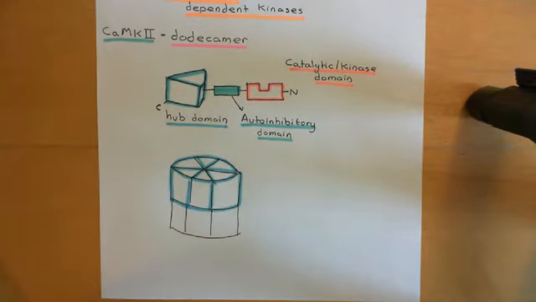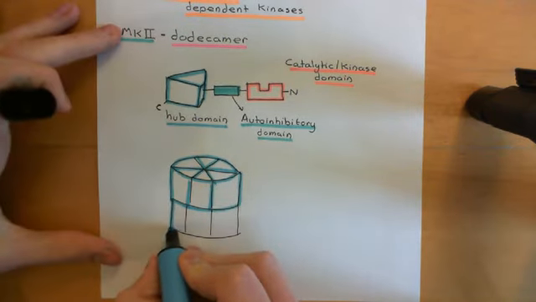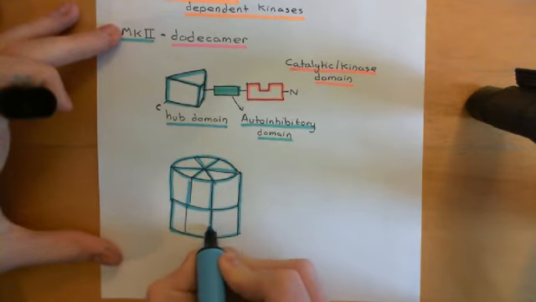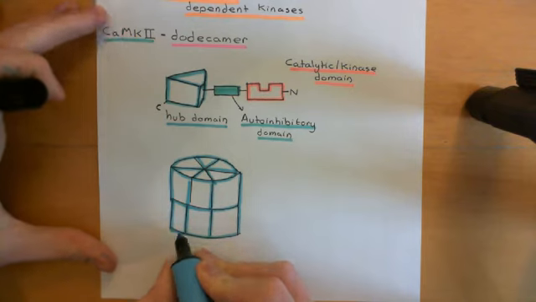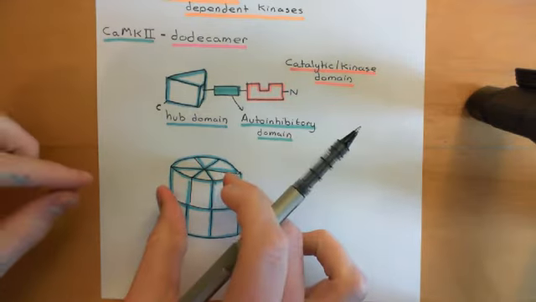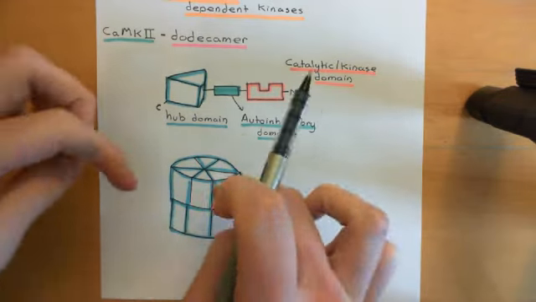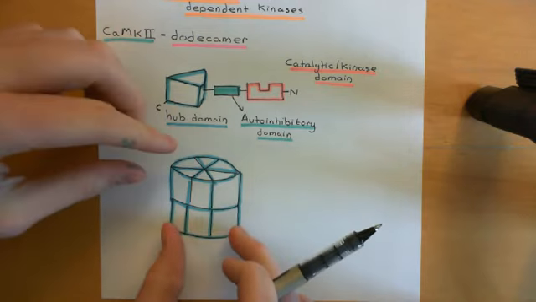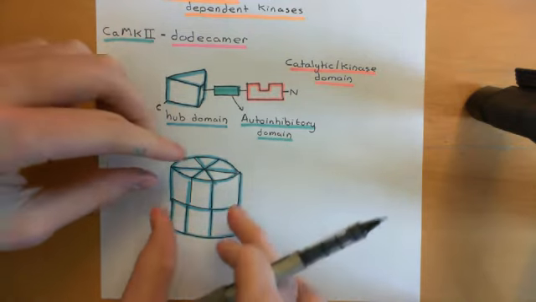Let me colour in this 6-membered oligomer of hub domains also in blue down here, and that will overall now give us a dodecamer where we've got 12 CamKII 2 enzymes all stuck together in a great big complex. Once again I'll stress the point that this one is facing one direction and the other one's upside down relative to it, so you've effectively turned this one upside down to stick it on there.